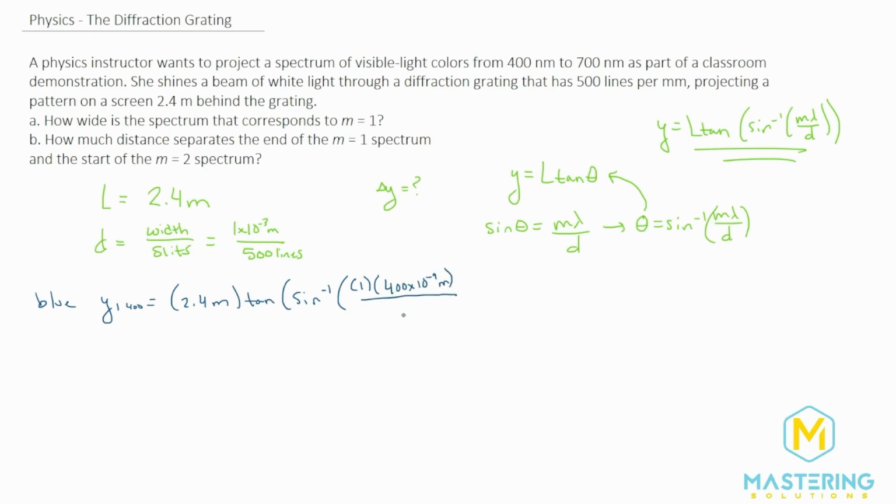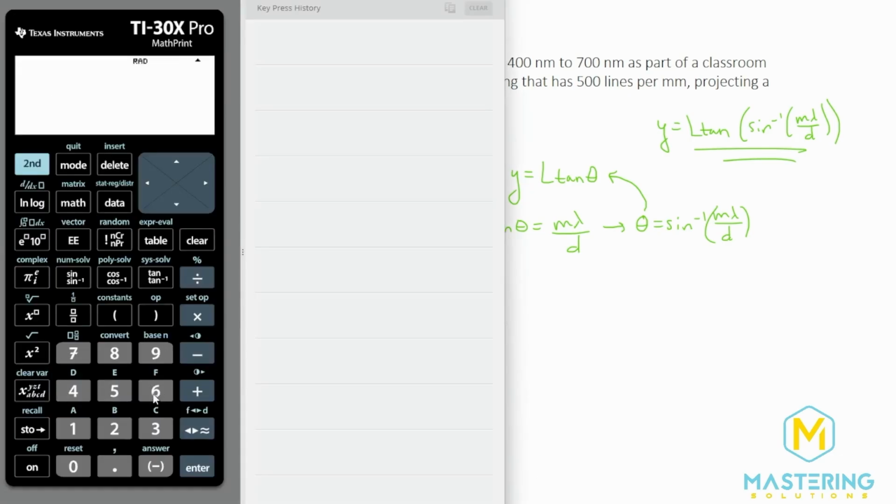And that will all be divided by d, which we said is 1 times 10 to the negative 3 meters divided by 500 lines. Okay, long equation, but this will tell us how far away is the m1 for the blue wavelength. So let's plug all this in.